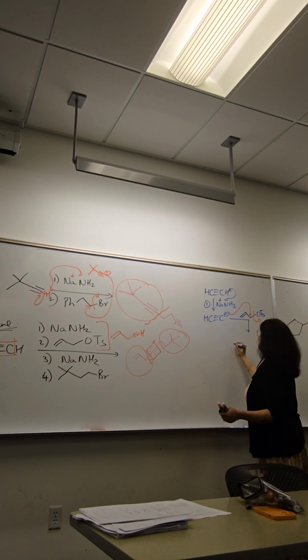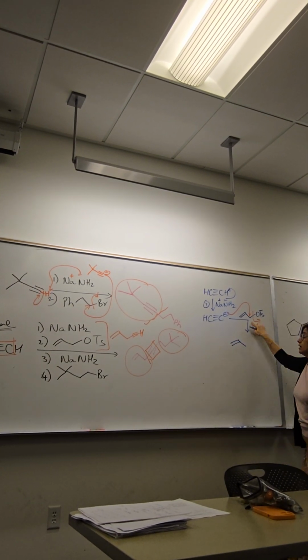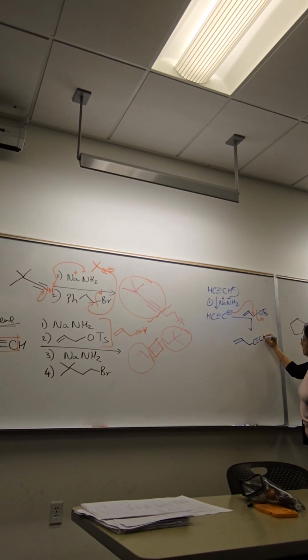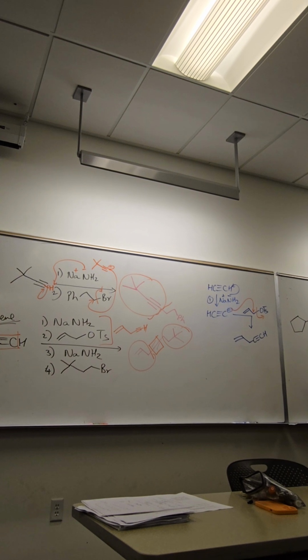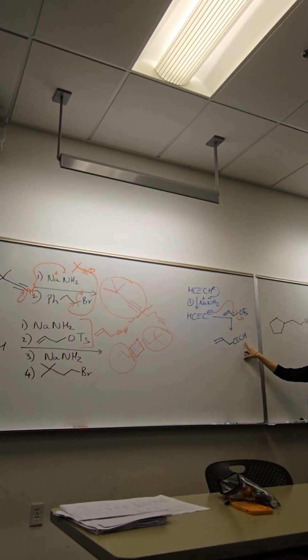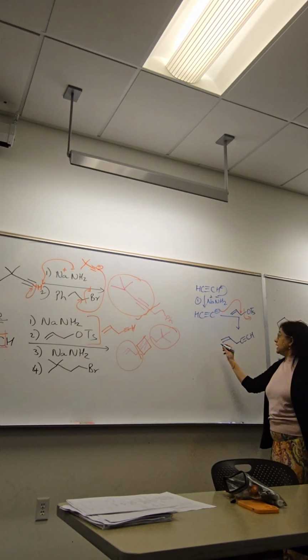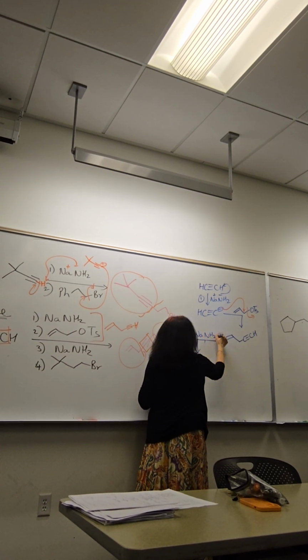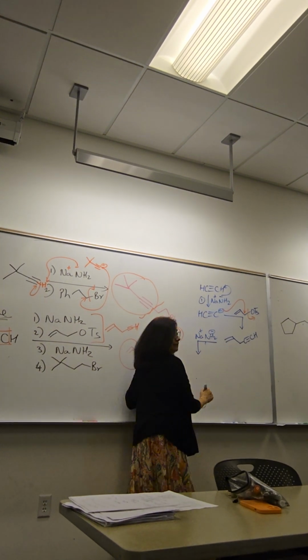So, what does that give us? That comes from here. We have now added, with me? But that's also terminal, which means it can also be deprotonated with another equivalent of the base. Isn't that right?